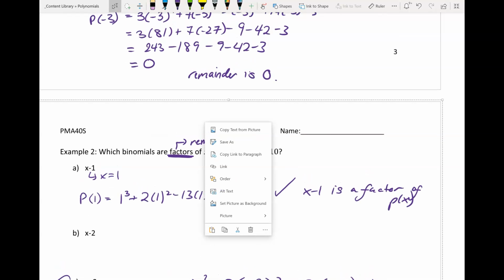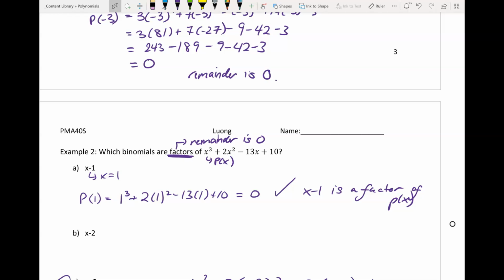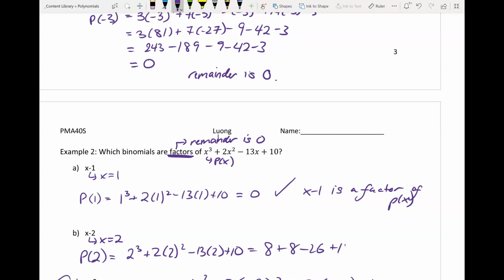I'll do one more with you, and then I want you to try C and D on your own. So we're going to plug in x equals 2 into p. So we're going to calculate p of 2. That's 2 cubed plus 2 times 2 squared minus 13 times 2 plus 10, which is 8 plus 8 minus 26 plus 10.